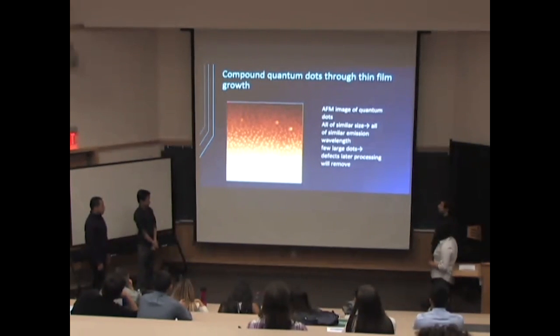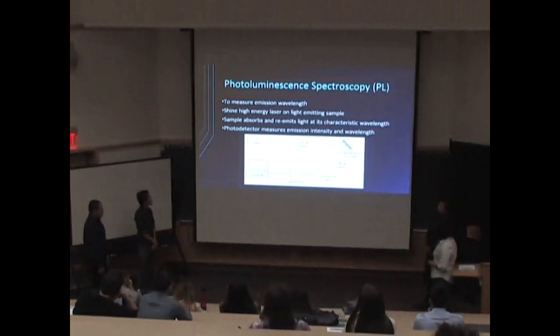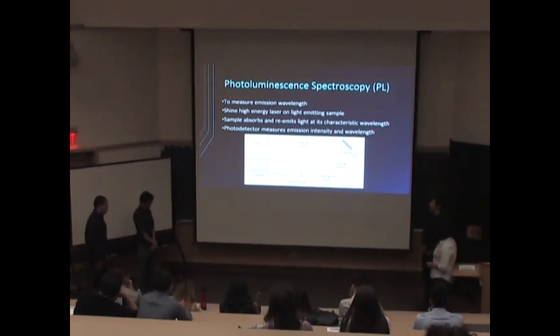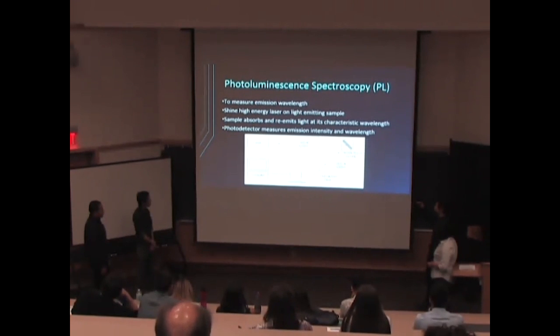Once it's determined that the trenches are pretty uniform, we fill the trenches with gallium arsenide. We need this gallium arsenide to grow the quantum dots. It is filled to be roughly level with the silicon, and we try to grow it at uniform rates.